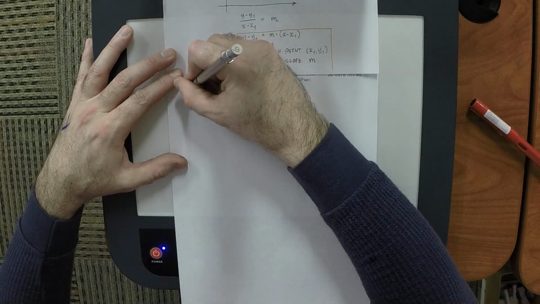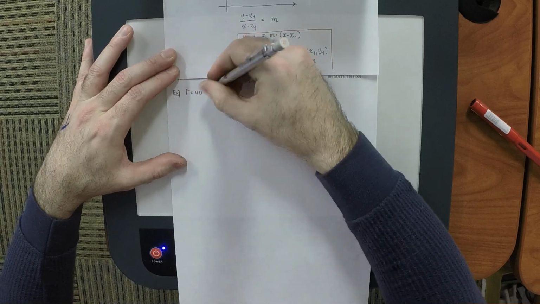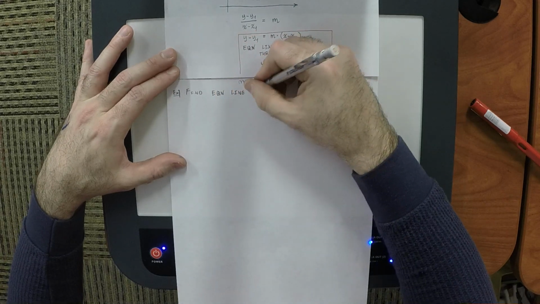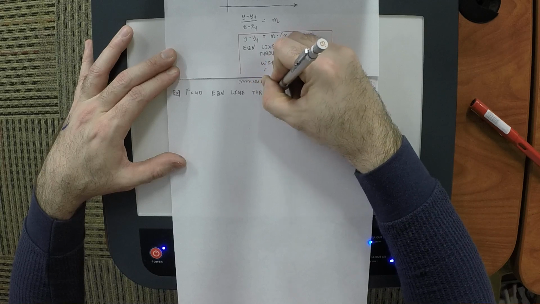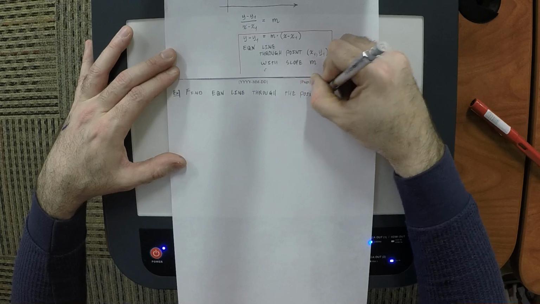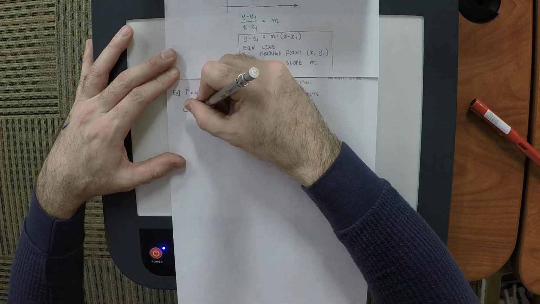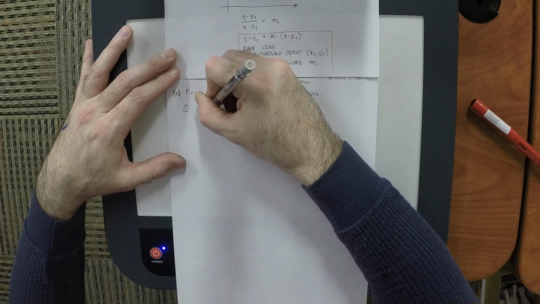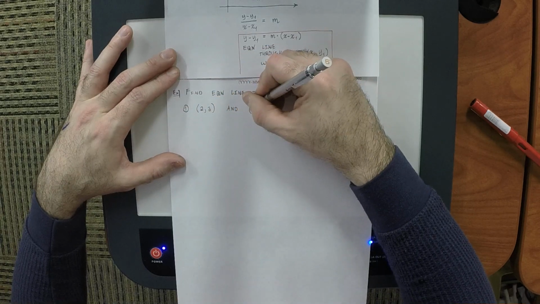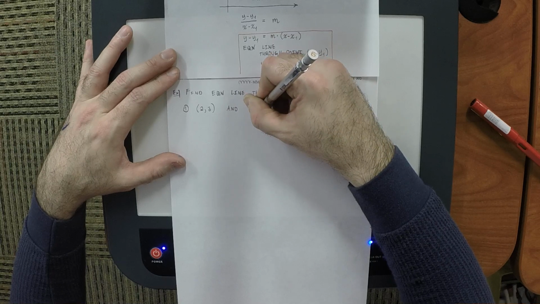So find the equation of the line through the points. So in the first case, how about the points 2, 3, and how about the point 8 and 1.